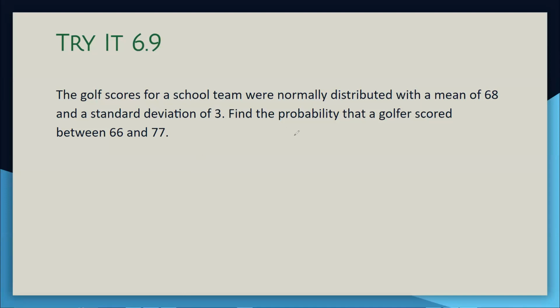So normally distributed, mean of 68, and a standard deviation of 3. And it says find the probability that a golfer scored between 66 and 77. So 66 less than X less than 77.